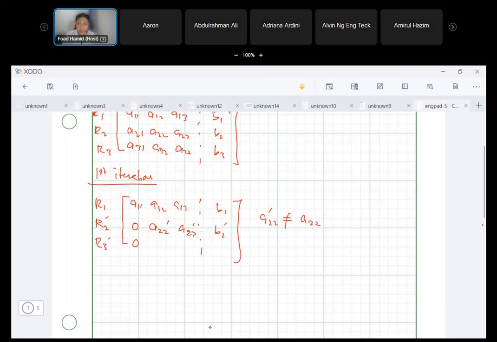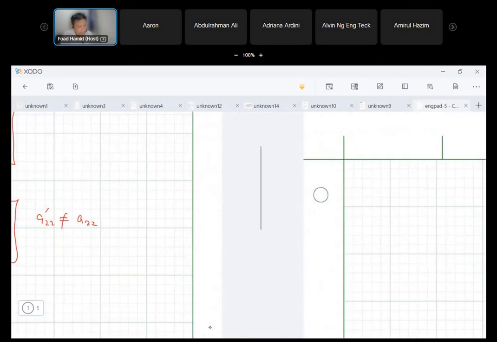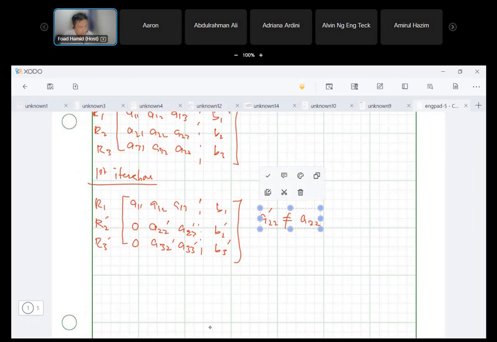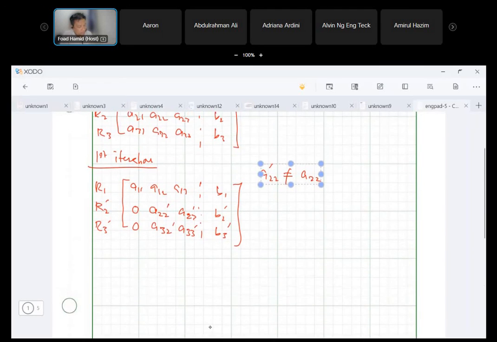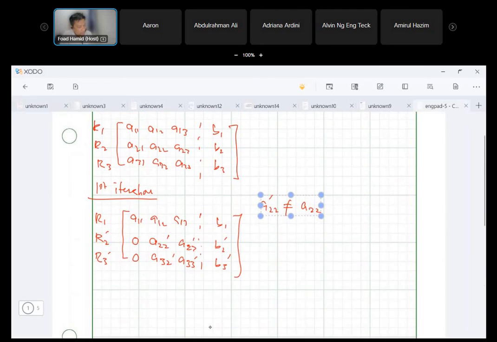A22 prime means after it has undergone the first iteration. And then we have A32 prime, A33 prime, and B3 prime. Okay, so this is the idea.